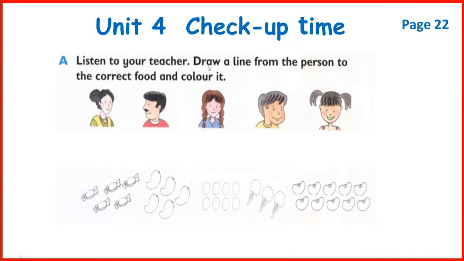Okay, and here I am your teacher. Now first we have to tell the names of all these persons. This is mummy, this is daddy, this is Sarah, this is Ali, and this is Fiza.